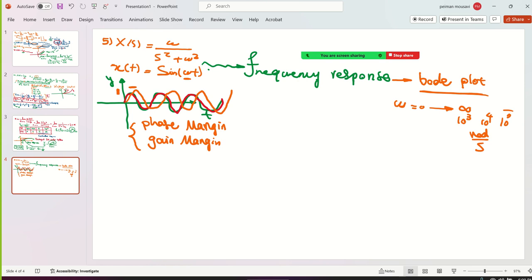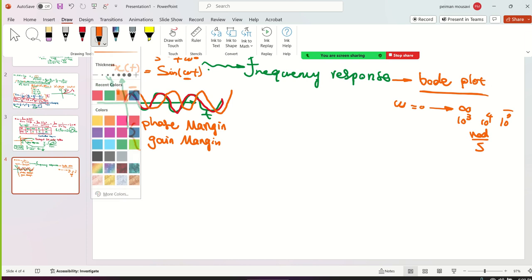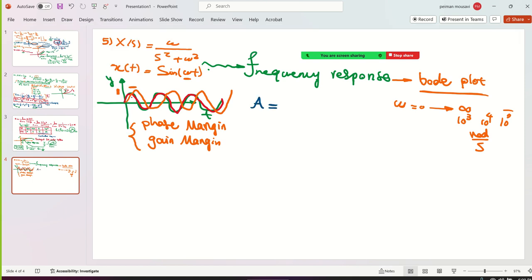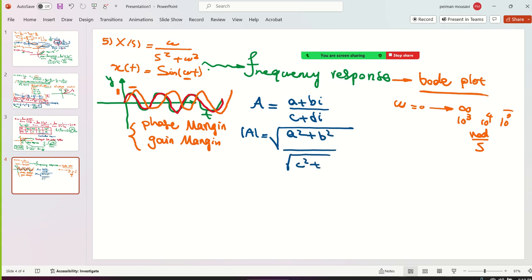Before plotting, I have to teach you some elementary math, refreshing it from high school and university level. If you have a complex number like (a plus bi) divided by (c plus di), the absolute value of this, for refreshing your mind, is the square root of (a squared plus b squared) divided by (c squared plus d squared).